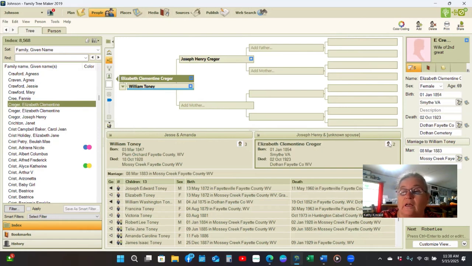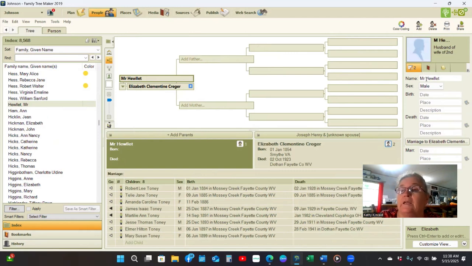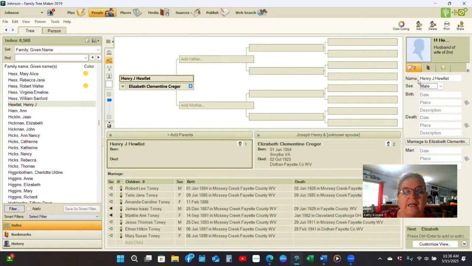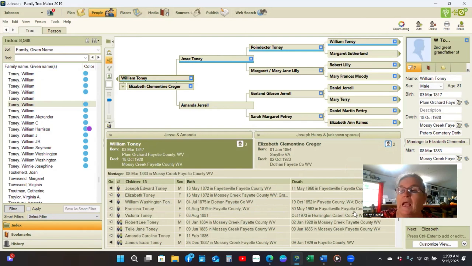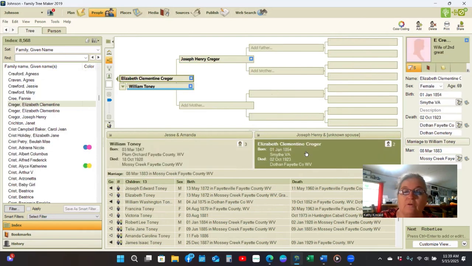She had an alternate husband of Hewlett. Now we can put his name in because we already had that in there. Henry J. Hewlett. So now we know that his name was Henry J. We know that she had a husband before she married the Tony, but now we know what his full name is. And let's find her. Okay, so we do have the correct date and where she was born and when she died and where she's buried.